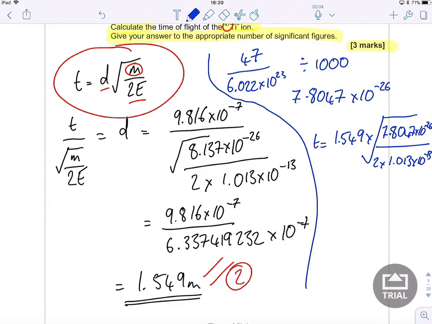I can work all of that out in my calculator, and I get a time of flight of 9.614 times 10 to the negative 7 seconds. Just tidy that up a bit.